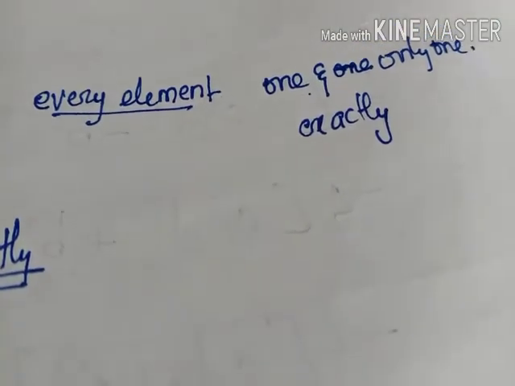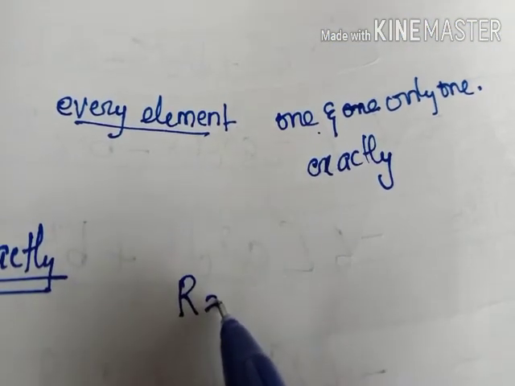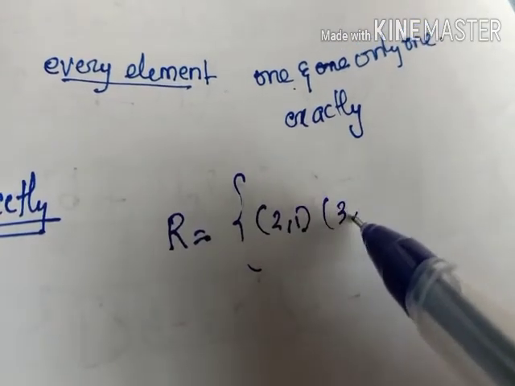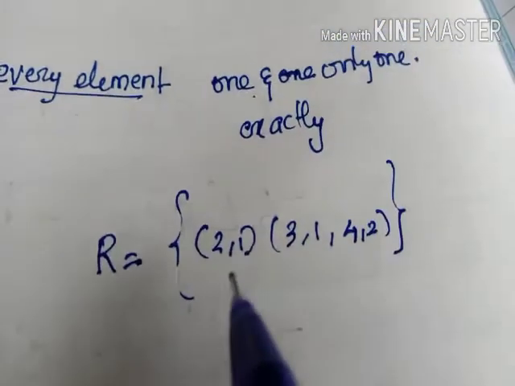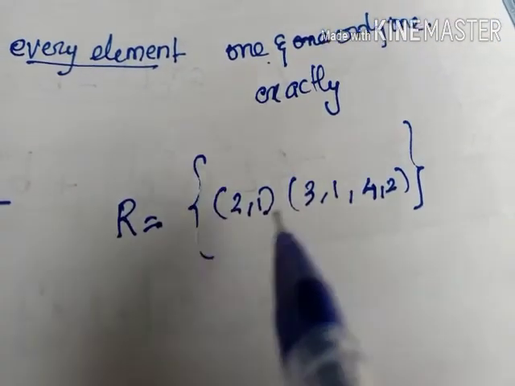Listen, for example, there is a relation R, the set of all ordered pairs (2, 1), (3, 1), (4, 2). In this case we can easily say whether it is a function or not.